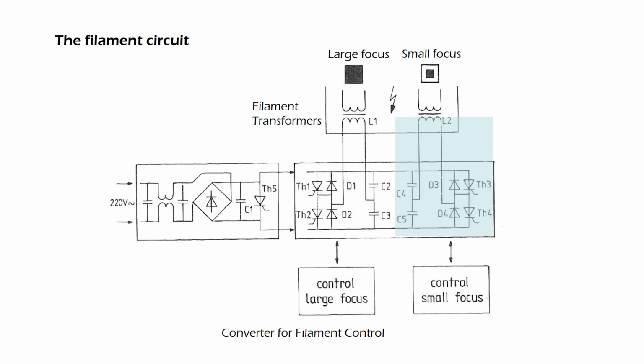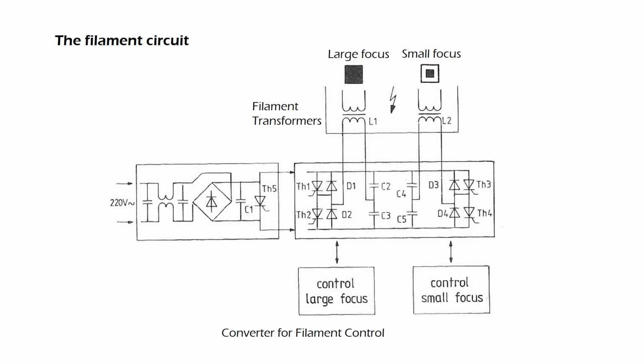The half bridge for the small focus consists of the capacitors C4 and C5, the inductor L2, the diodes D3 and D4, and the thyristors TH3 and TH4. During the standby condition, the half bridge fires at very low frequency to supply preheating current of the selected focus.